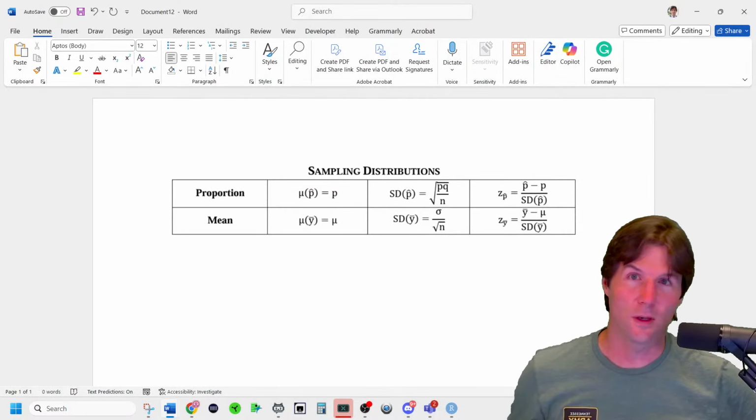Okay, we're opening up the screens. And you should be able to see just a second here. You should be able to see the screen.